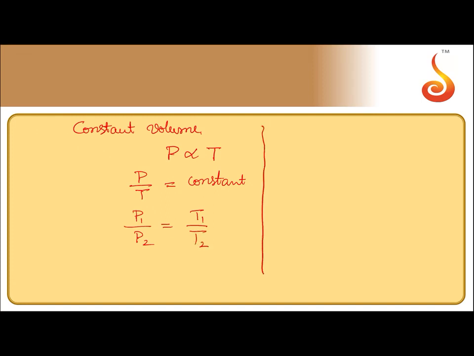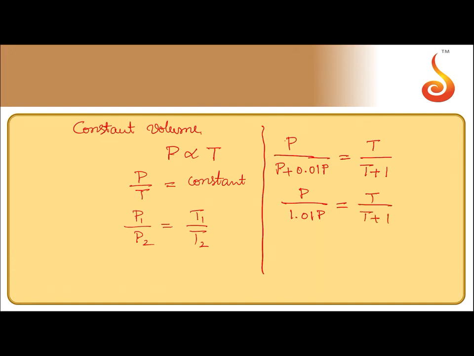Now, in the given situation, P1 is P, P2 is 1% more than P, that is 0.01 P additional. That should be equal to T1 is T, temperature increases to T plus 1. So, we need to find the value of T. So, this will be P divided by 1.01 P is equal to T divided by T plus 1.